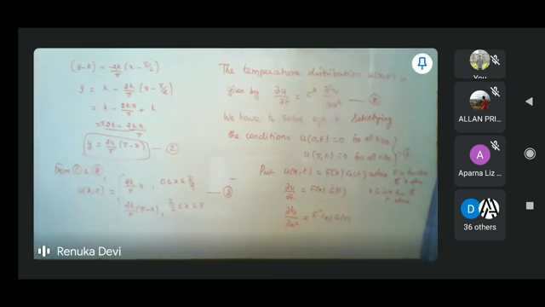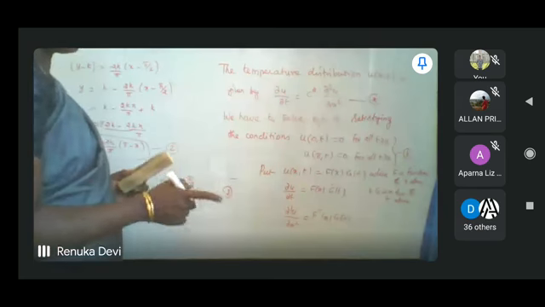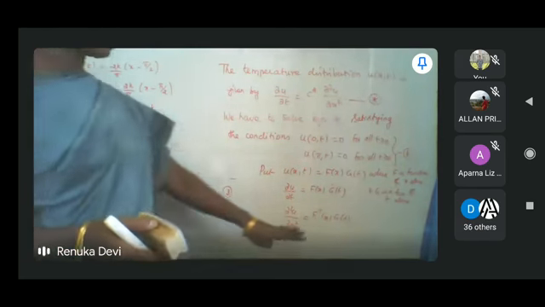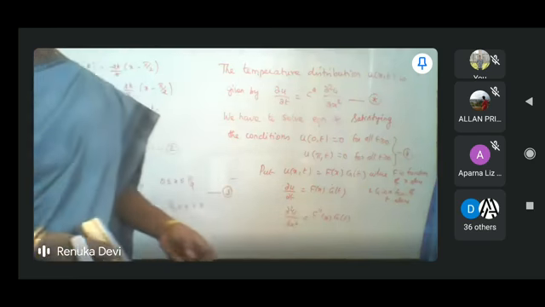Therefore g dot is nothing but dg/dt, and f dash is nothing but the total derivative df/dx, because it is a function of x alone, so the partial derivative becomes a total derivative.